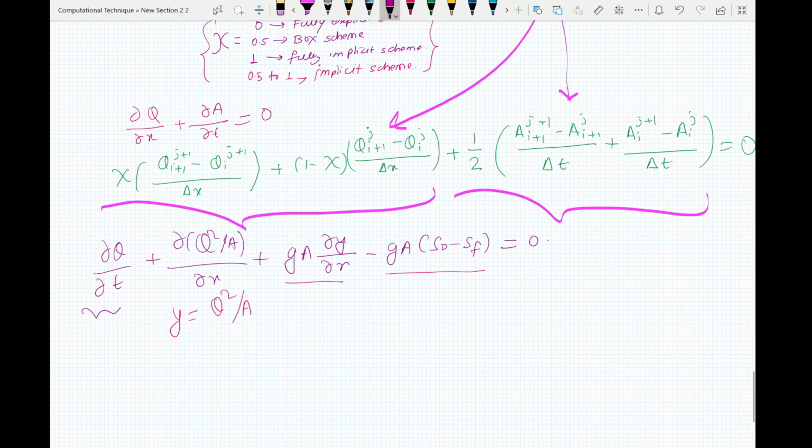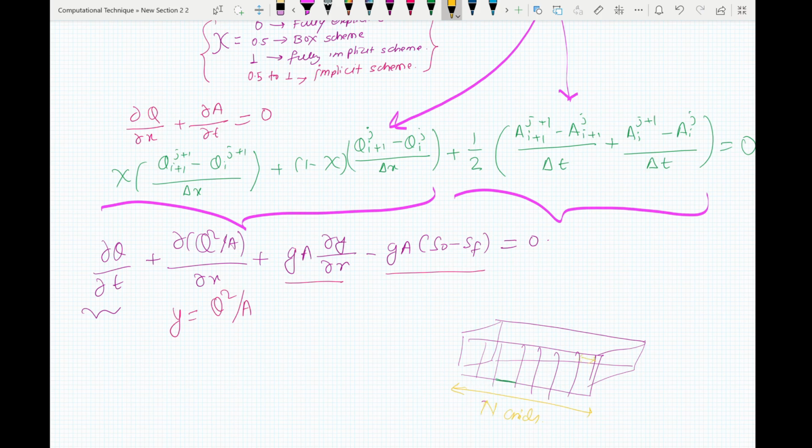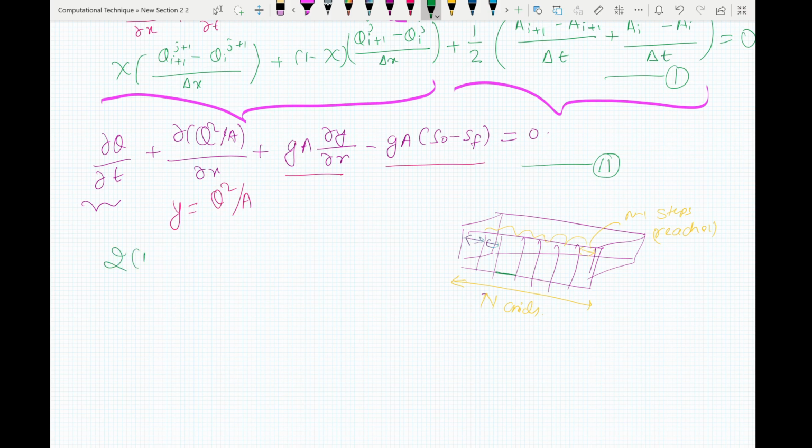Therefore, if you have a channel length like this, let's say you have discretized the length into n grids, which means that you will have n-1 steps, or you call them reaches. Now you can see that in each reach there will be two equations. One is this one, the other one comes from here. Therefore, in total there will be 2(n-1) equations for n grid lines.